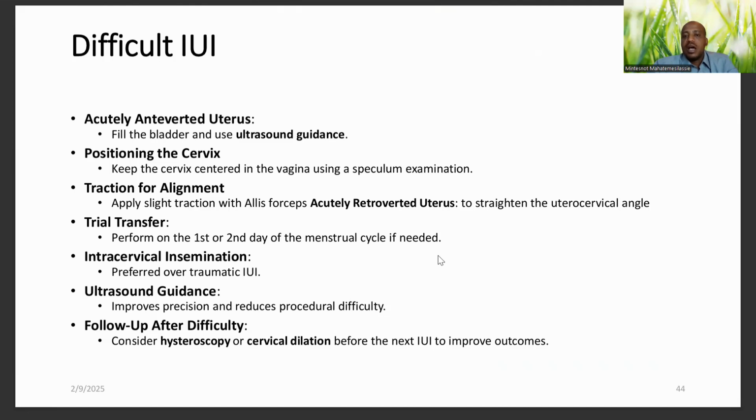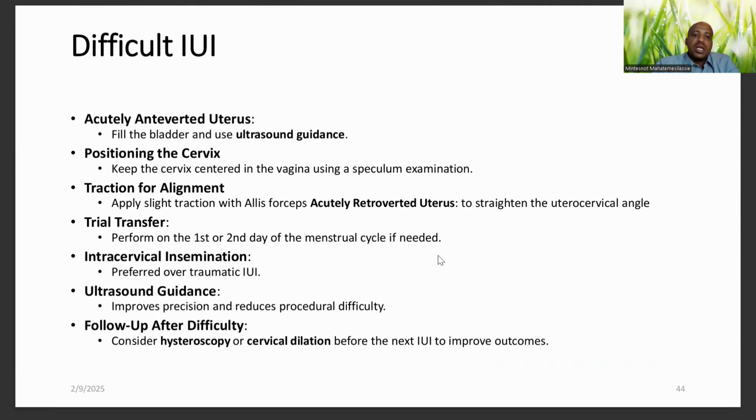As a beginner, if ultrasound is available, you should do it under ultrasound guidance. It will increase your confidence. And sometimes by just manipulating the speculum and making the cervix central, you can make the IUI procedure very easy.